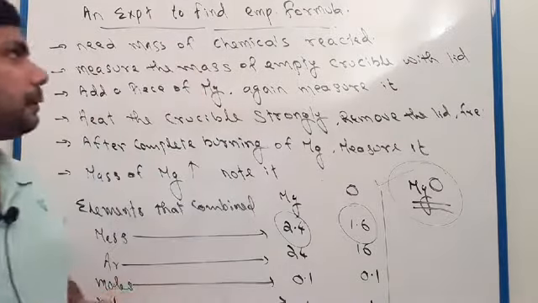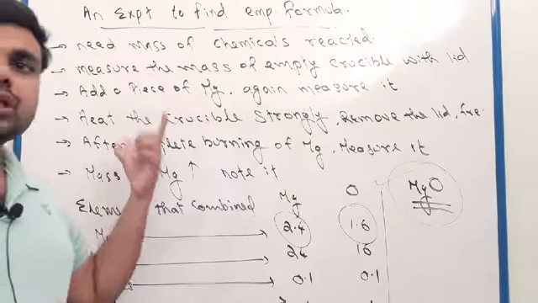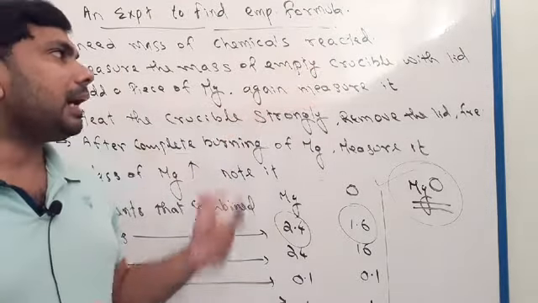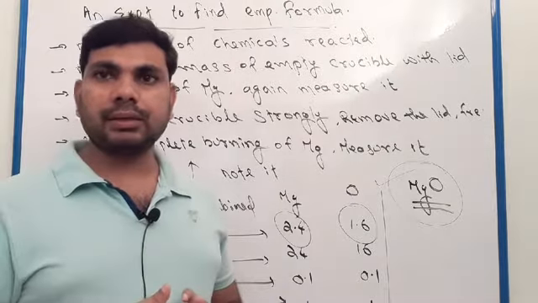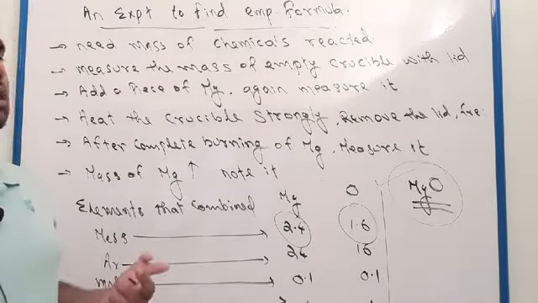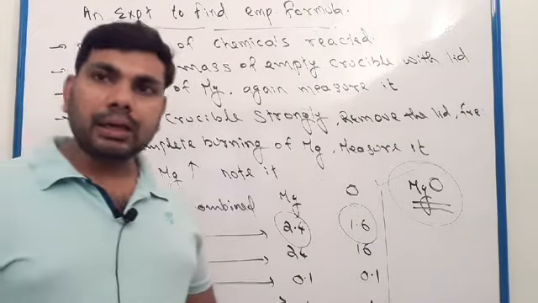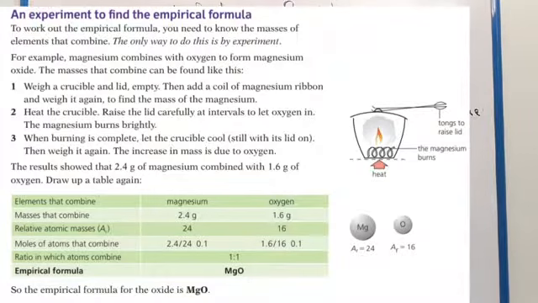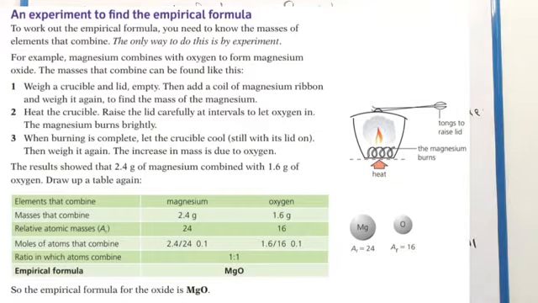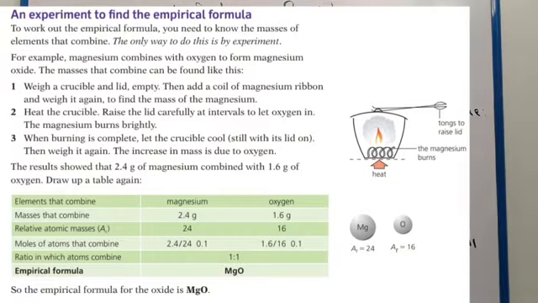So see here, take an empty crucible and measure its mass. A crucible is one type of apparatus used in a chemical laboratory. Imagine this mass is M1, so the mass of the empty crucible is M1.